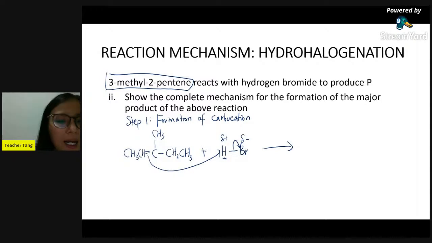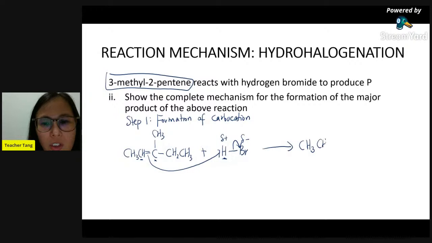Okay, so hydrogen ini akan didapat oleh the second carbon here because the third carbon has 0 hydrogen, yang ini 1 hydrogen. Remember Markovnikov's rule kata apa? So the hydrogen need to go to the carbon yang mempunyai lebih banyak hydrogen to start with. Okay, so what we will get is CH3, so CH. So this carbon will get the hydrogen.